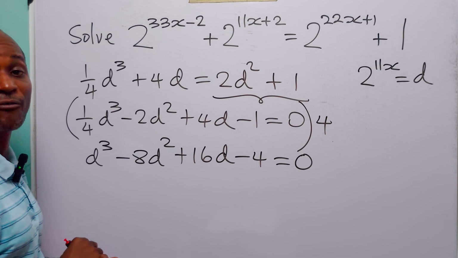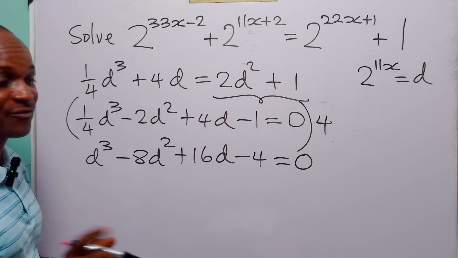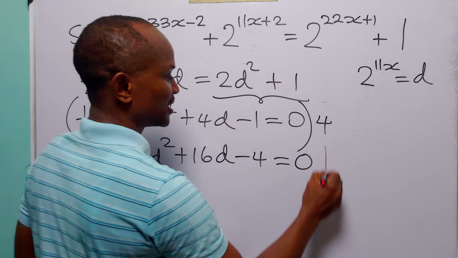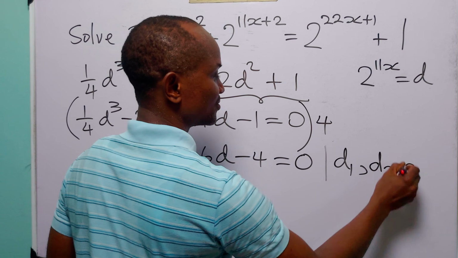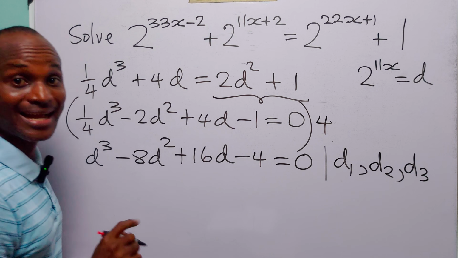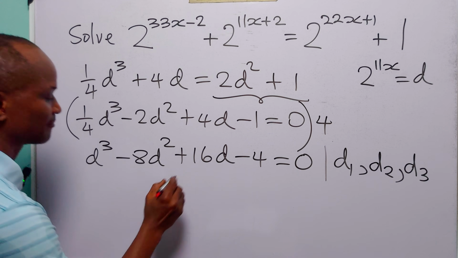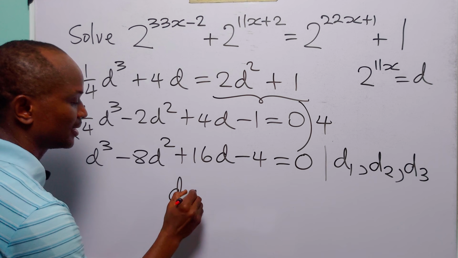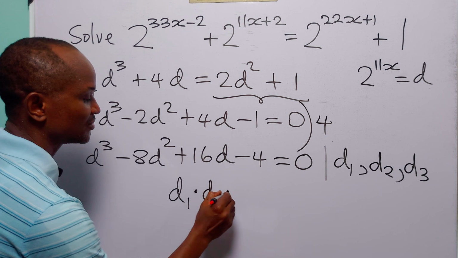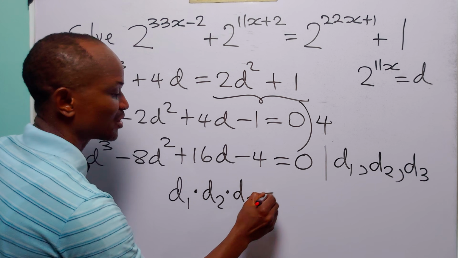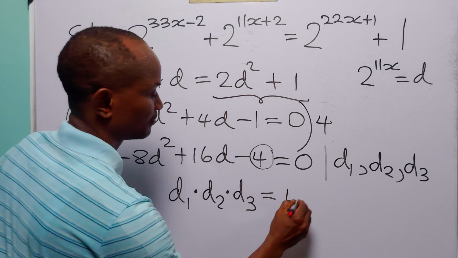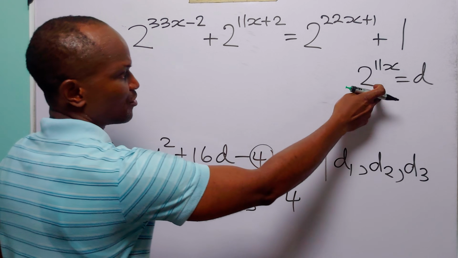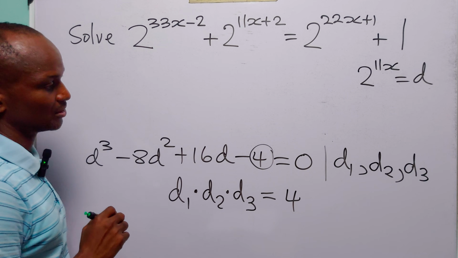Now, from our theory of cubic equations, if the roots of this cubic equation are d1, d2, and d3, then we know that d1 times d2 times d3 must be equal to 4. Now let us go back to this substitution equation.